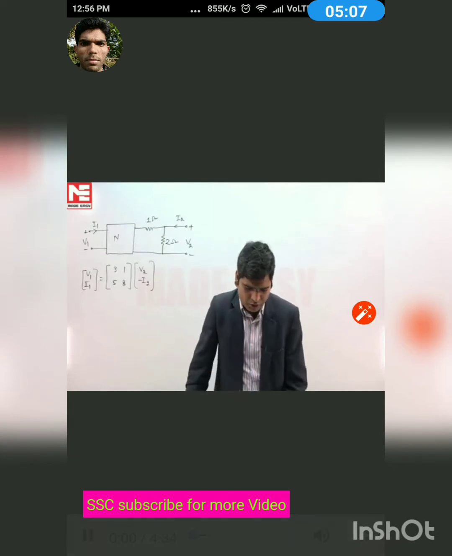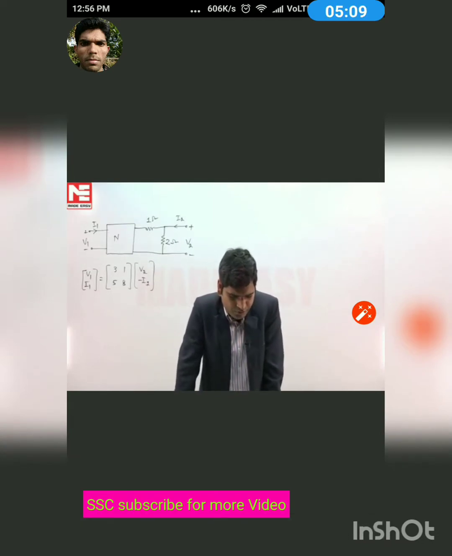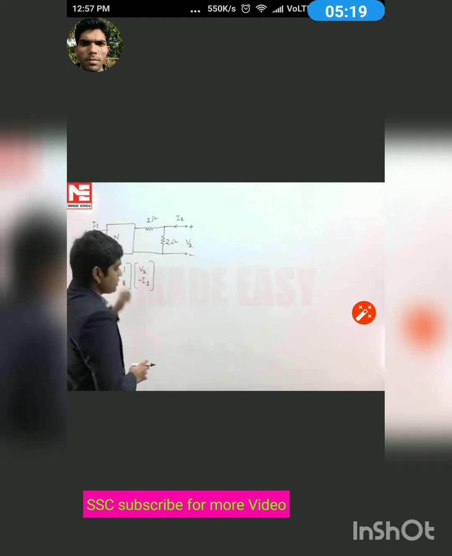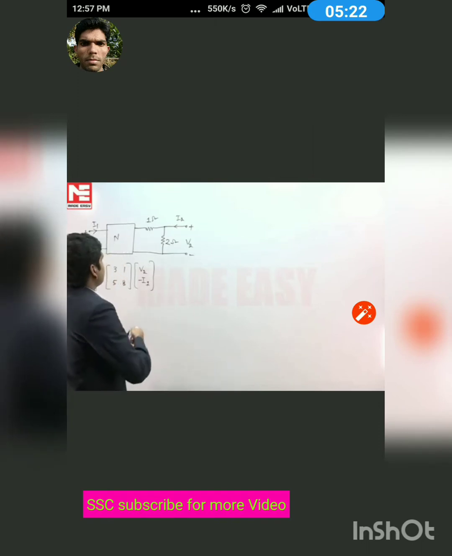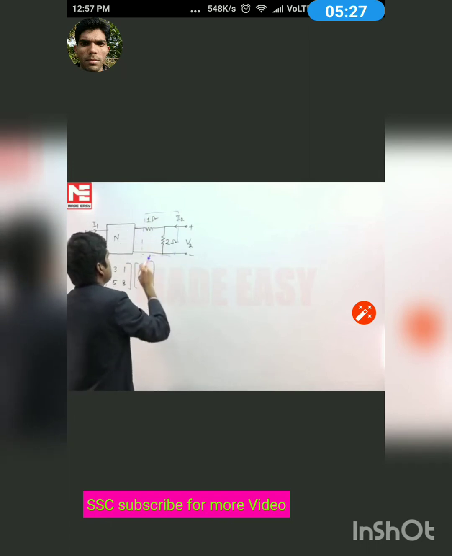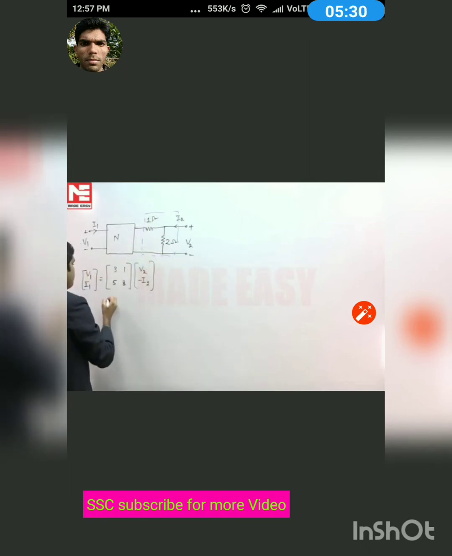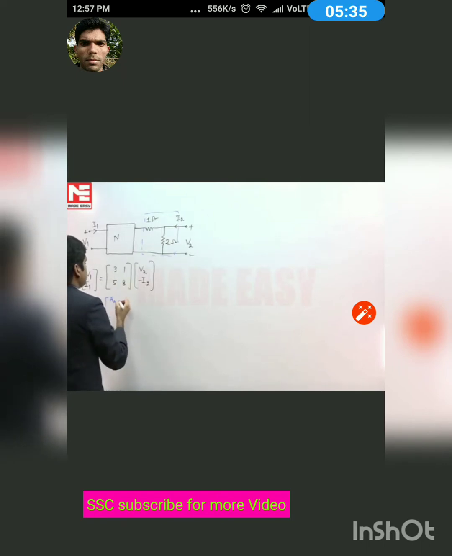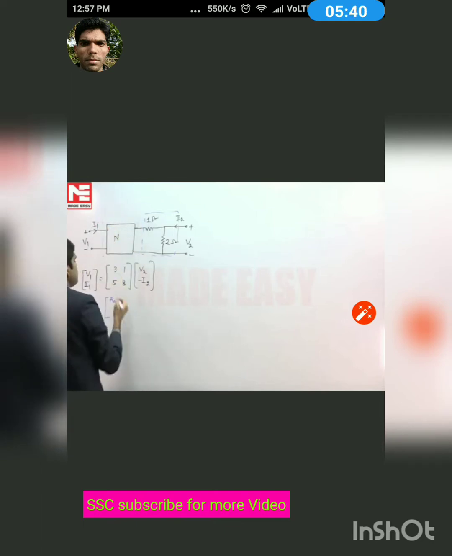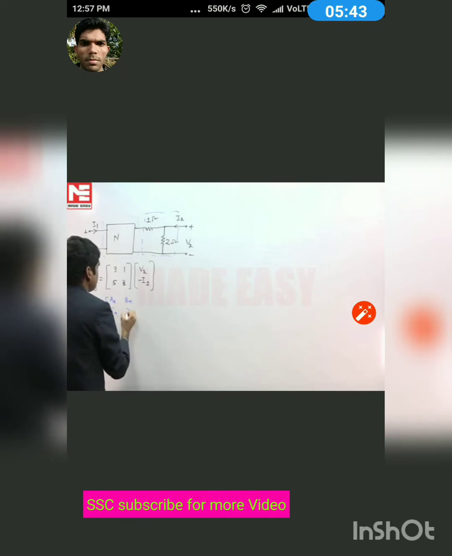In this question, we have been given the overall T parameters, that's 3, 1, 5, 8. And we need to calculate the transmission parameter for the network N. Overall this, and we have to calculate this. So to calculate the T parameter of this part, because both of these parts are cascaded, suppose we write the transmission parameter for this N as AA, BA, CA and DA.